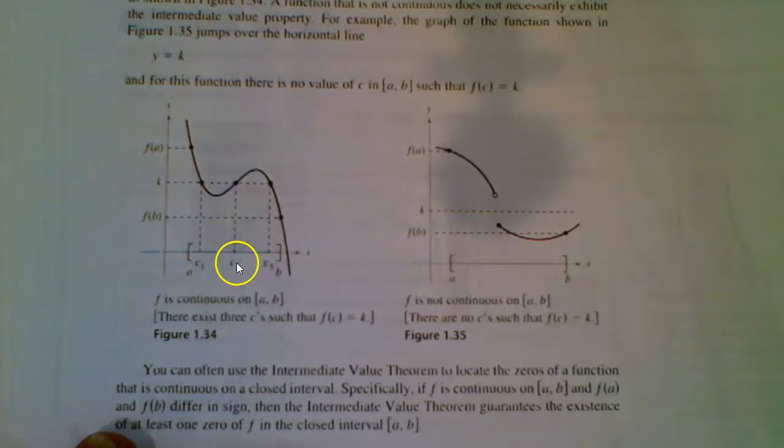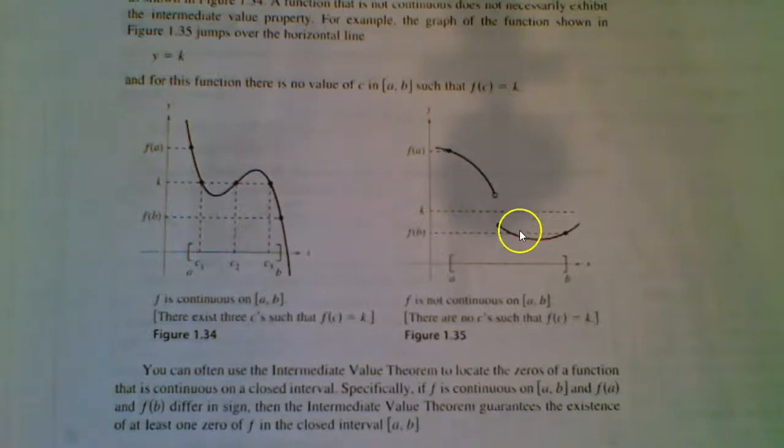So if c represents any x coordinate in the interval from a to b, and k represents a y coordinate between f of a and f of b, then since this is a continuous function from a to b, there must be at least one value for c that pairs up with that k as a y coordinate.